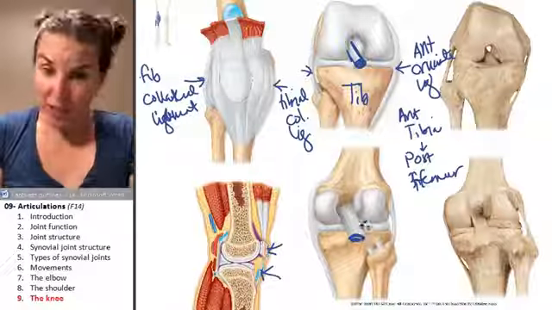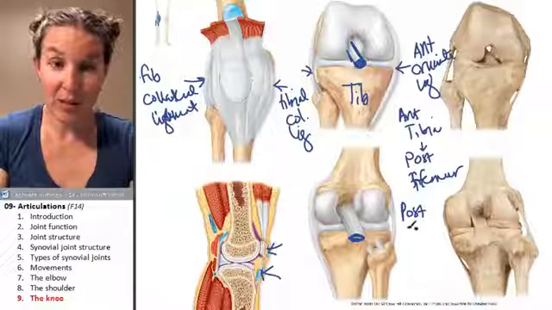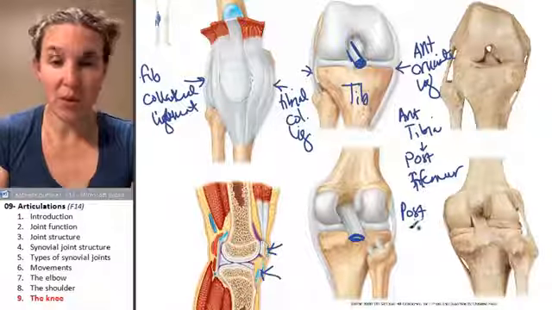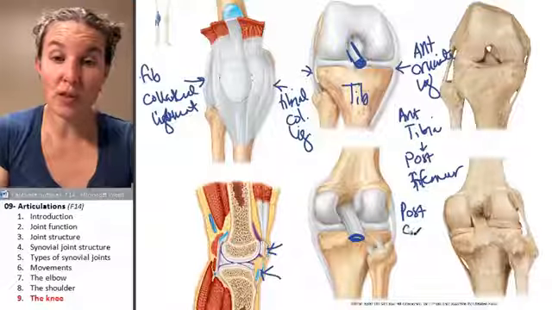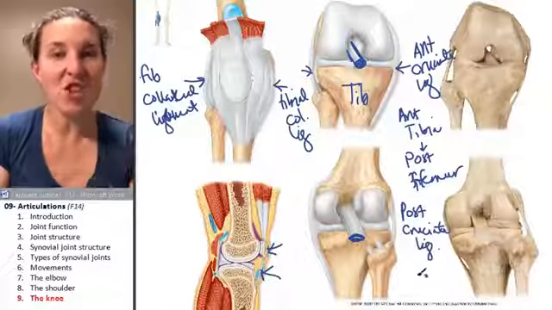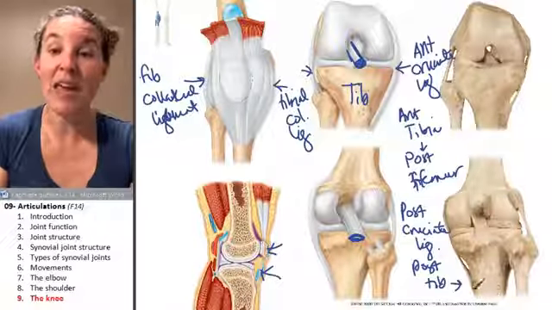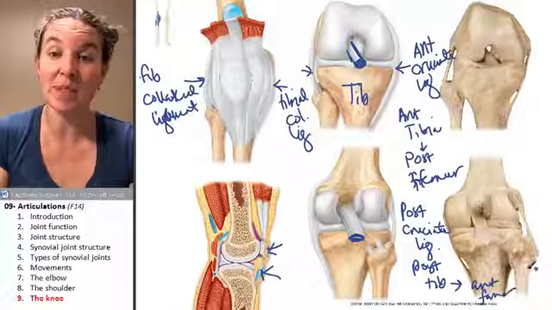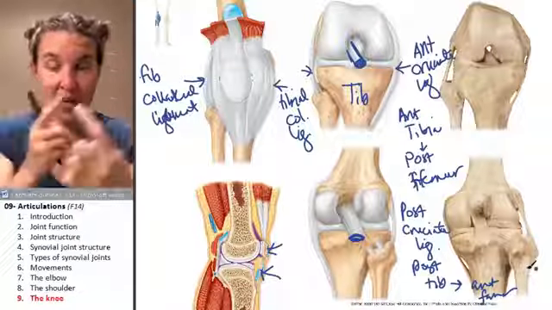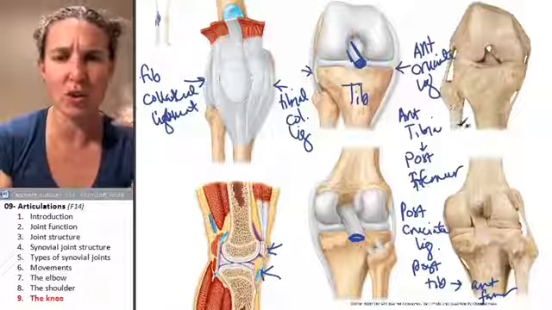Unfortunately, you cannot abbreviate the posterior cruciate ligament. Why? Because cruciate and collateral both start with C. So the posterior cruciate ligament starts on the posterior side of the tibia and travels to the anterior side of the femur. Okay, so that's going to help you identify and visualize which one's which in your cruciates that cross.